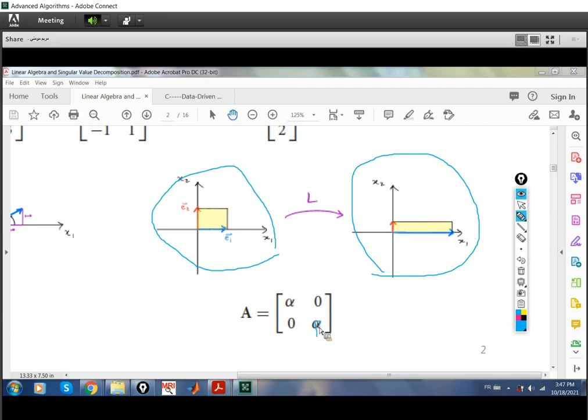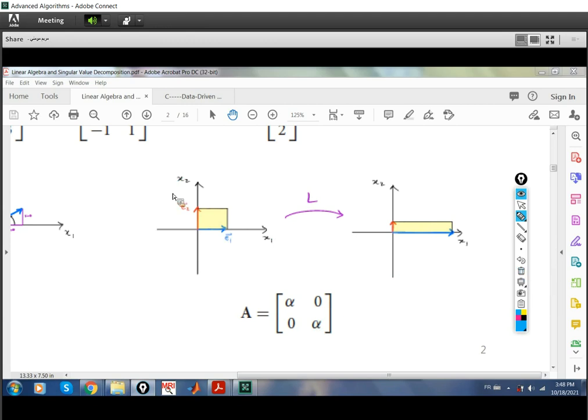If they want to do it, it is better we rewrite alpha with beta, for example. Alpha greater than 1 and beta less than 1 according to this figure. But totally in general, the stretch or compress matrix is like this A matrix.